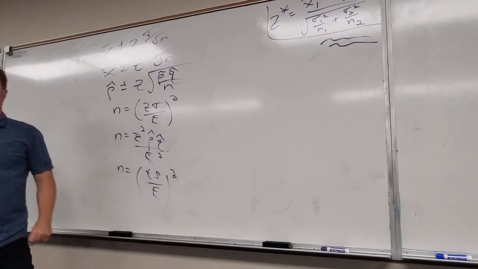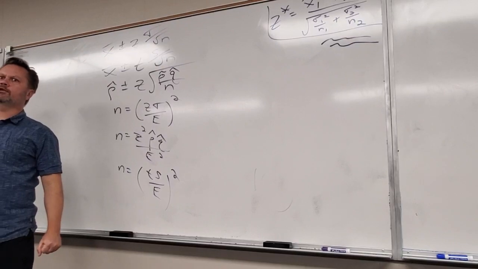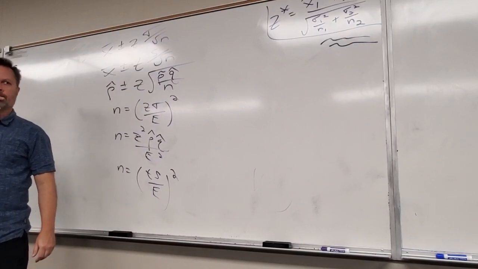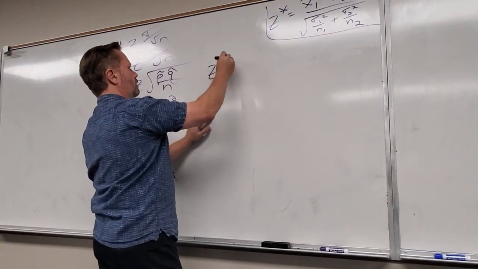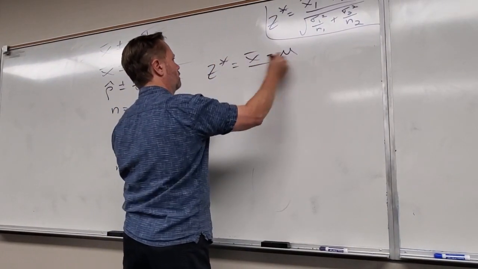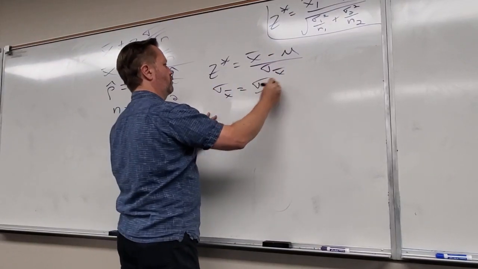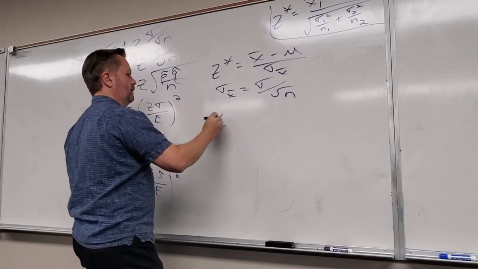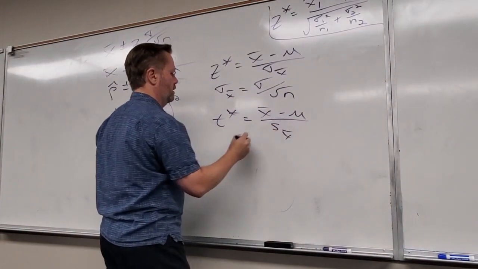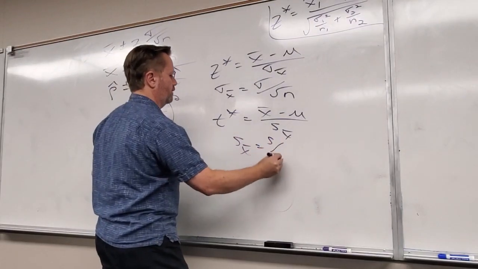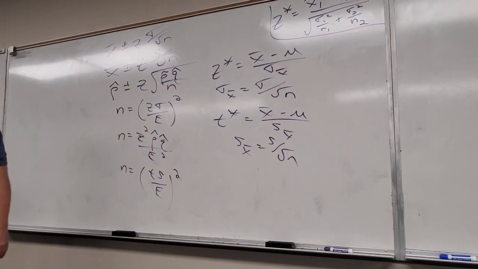And then we get to chapter 9, which doesn't really give us new stuff until we get to the percentage stuff. So if you want to, you can certainly write down z star, sigma x bar equals sigma over the square root of n. You could write down t star, S x bar equals S divided by the square root of n.